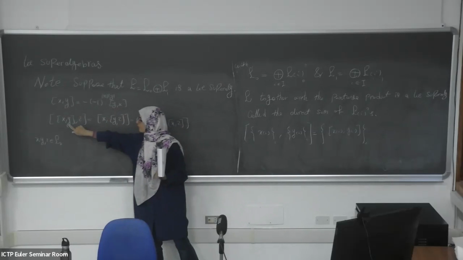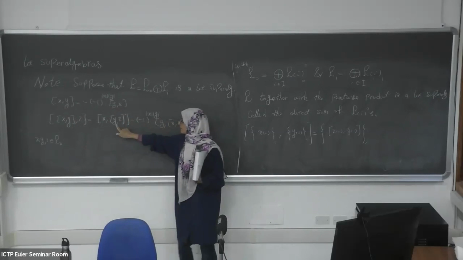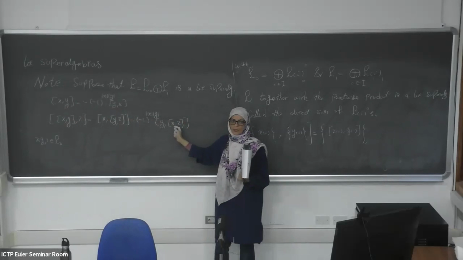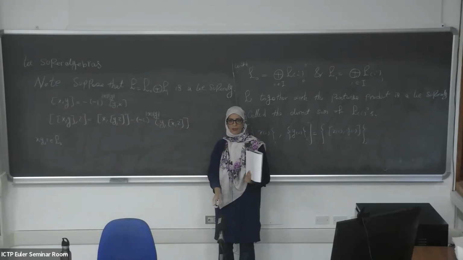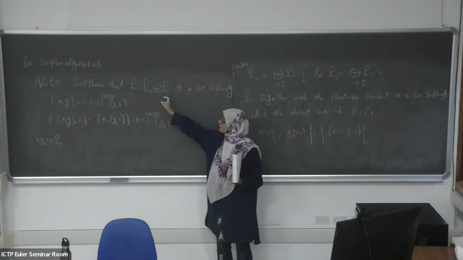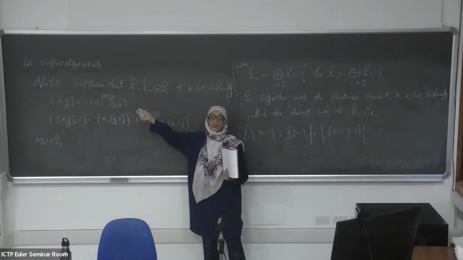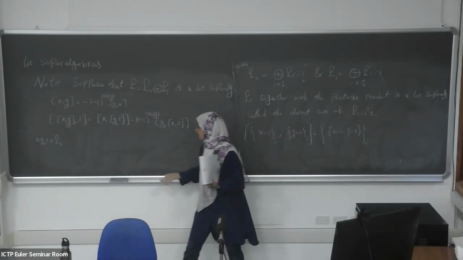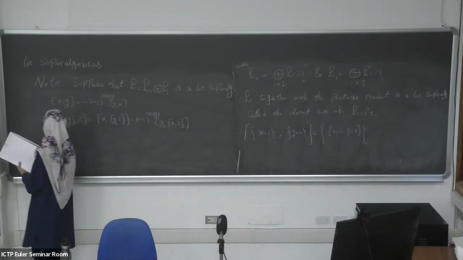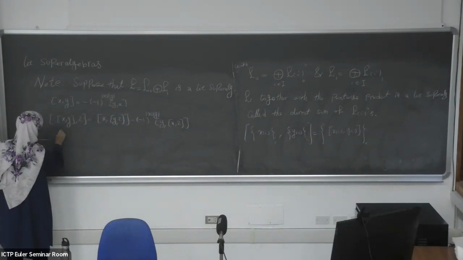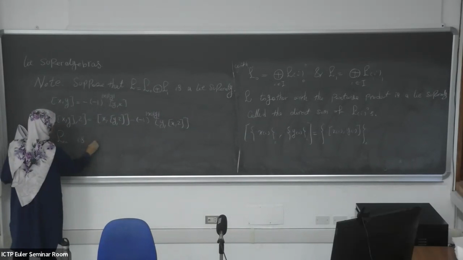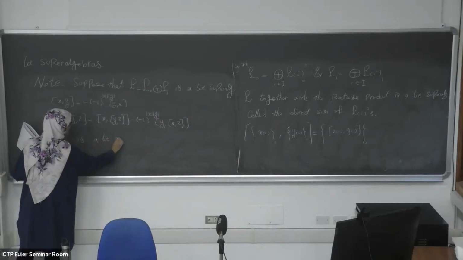And here we have the bracket of the bracket of x, y with z, minus the bracket of y, x with z. It's just a Lie algebra. Okay? So when we have a Lie superalgebra, the even part is a Lie algebra. L0 is a Lie algebra.